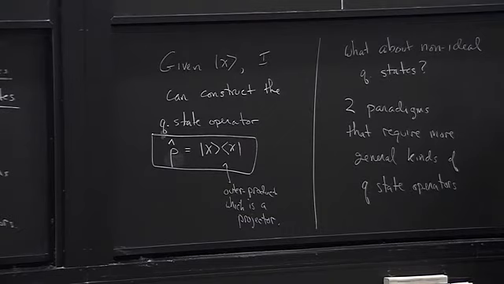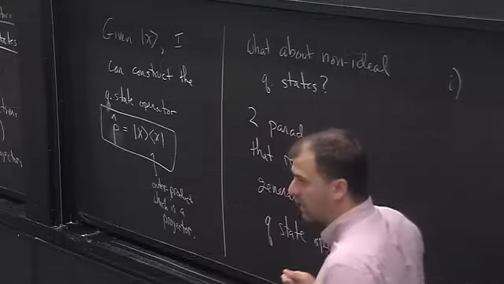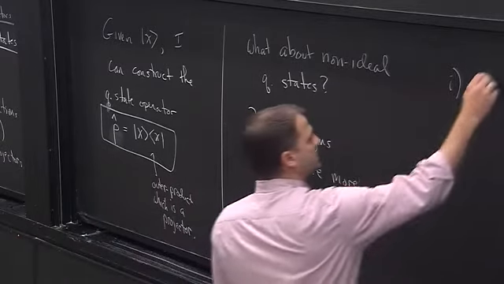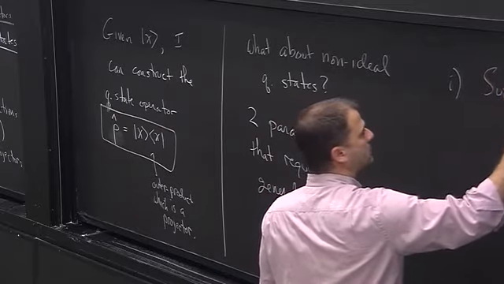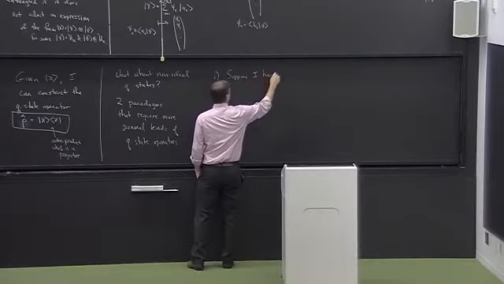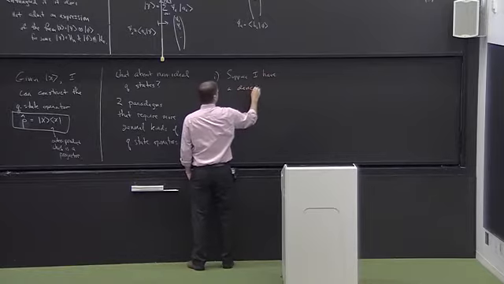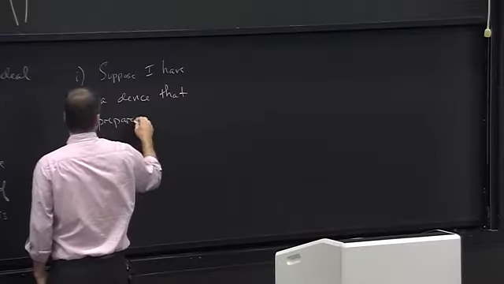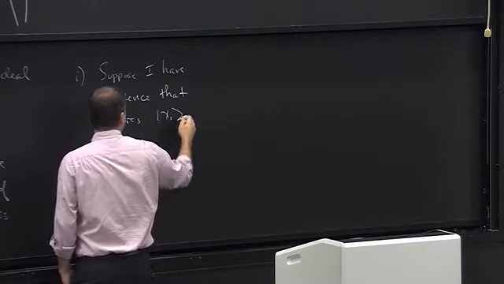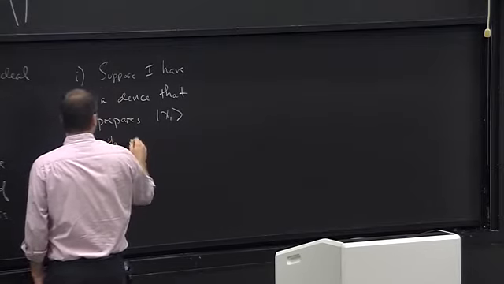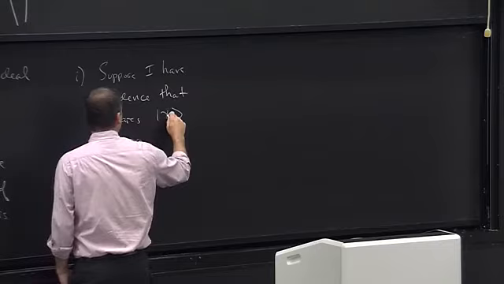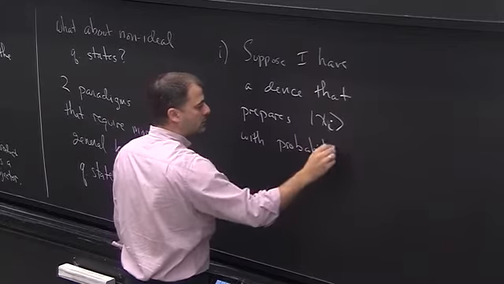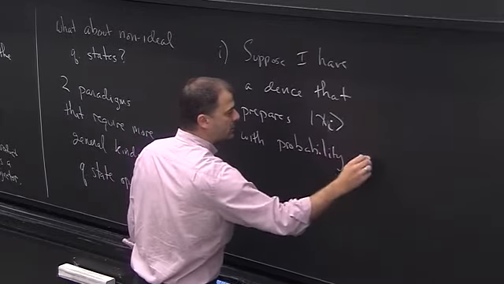Okay, so the first scenario is this. Suppose I have a device that prepares the state chi-i with probability p-i.